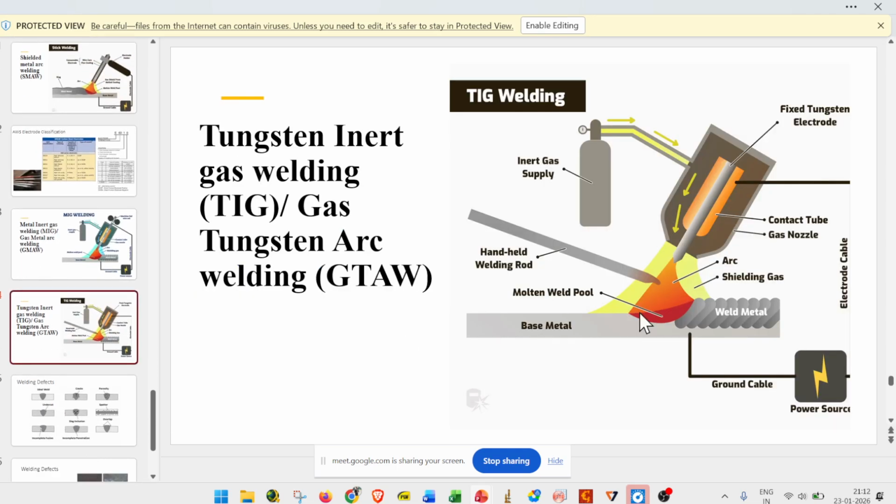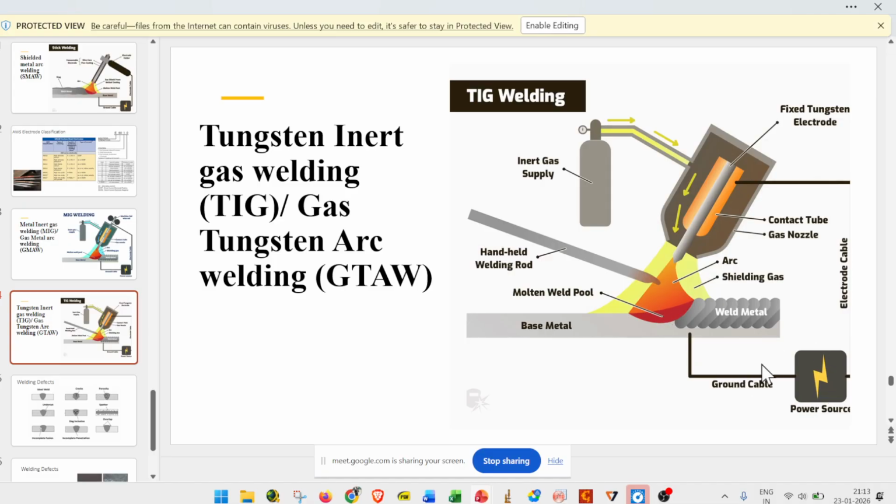So here is the TIG welding. You can see here the fixed electrode, and we are supplying the inert gas to the welding arc region, and here is the filler material. The filler material is the one which will melt and form the weld bead.